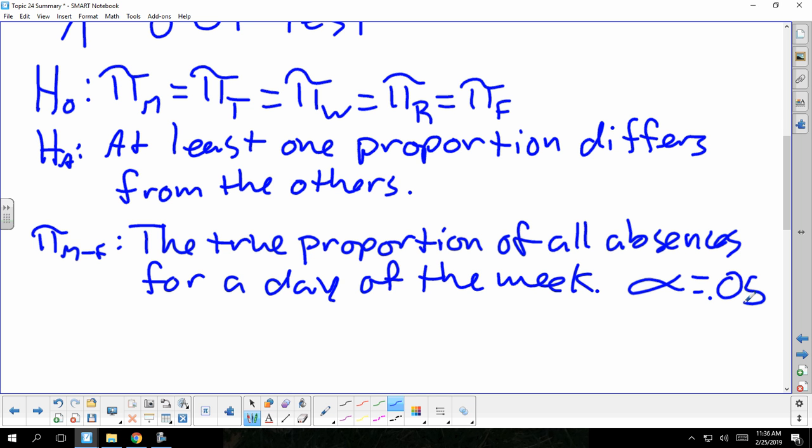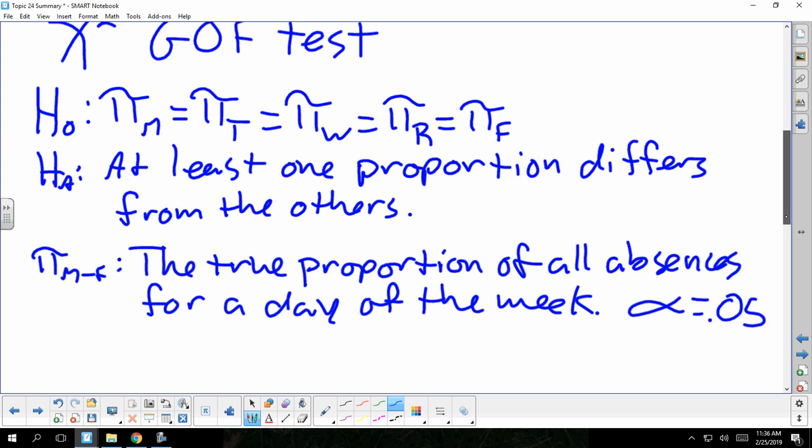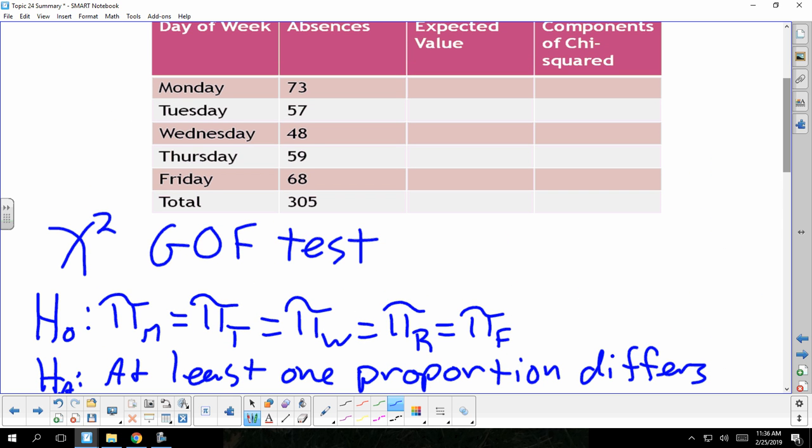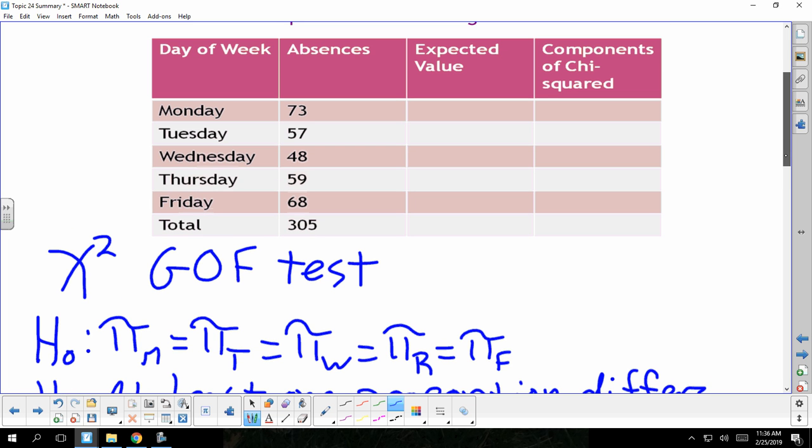The next thing I'm going to do is verify my conditions. And to verify conditions, I need to have my expected counts. So here's how we can go ahead and calculate those expected counts. I have a total of 305 absences. Since I believe all of the proportions are equal, the expected value for each of these days, I can just divide by the total number of categories.